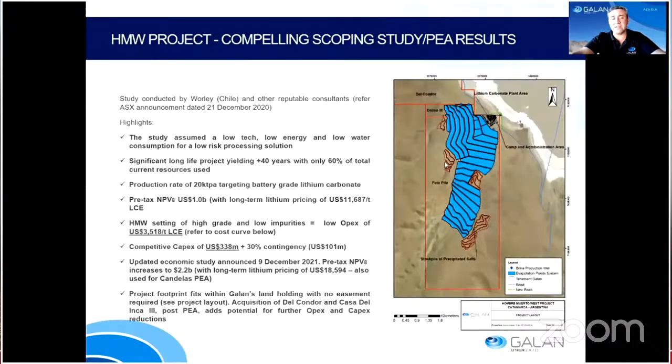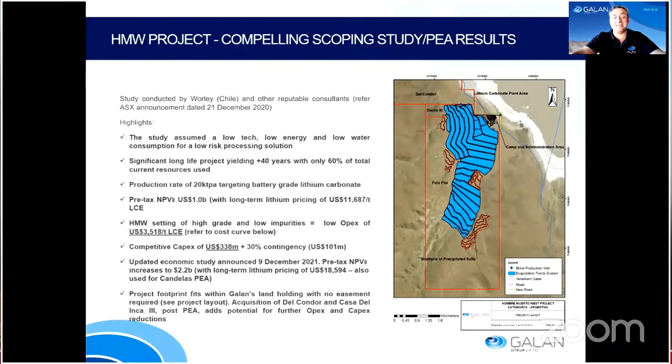So in just one of our tenements, we can fit all our ponds that could produce 20,000 tons of lithium carbonate equivalent. We released an update to our study at $18,000 to $18,500, and we have a strong NPV of $2.2 billion.